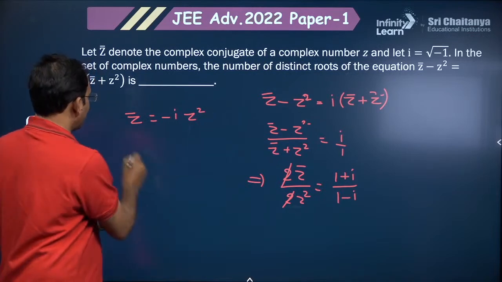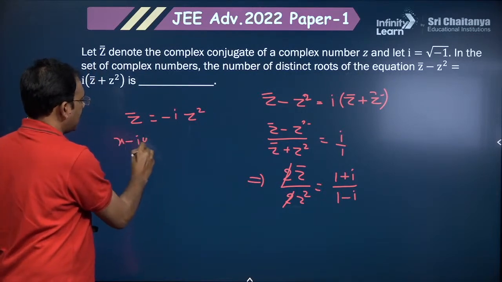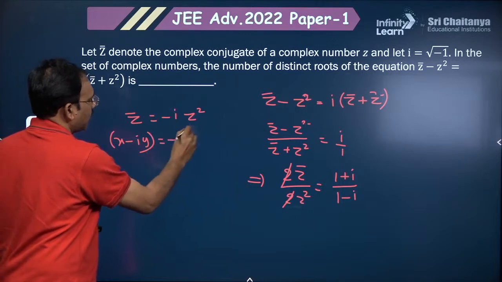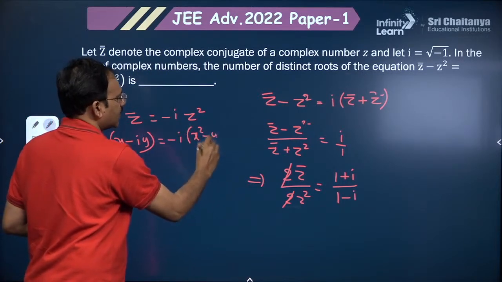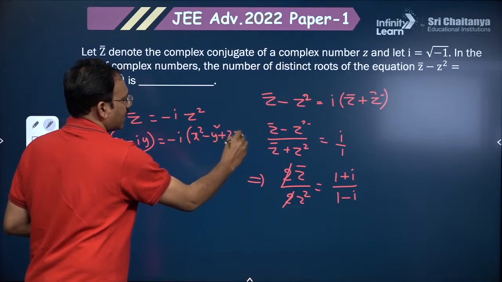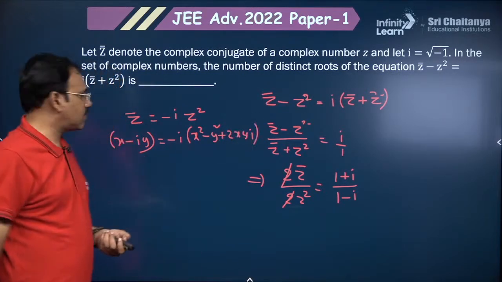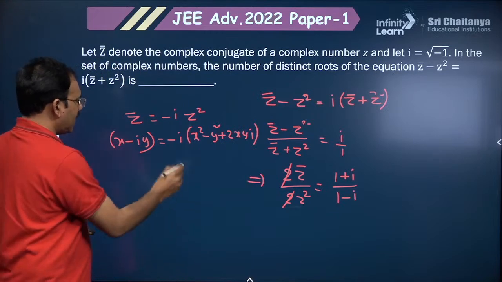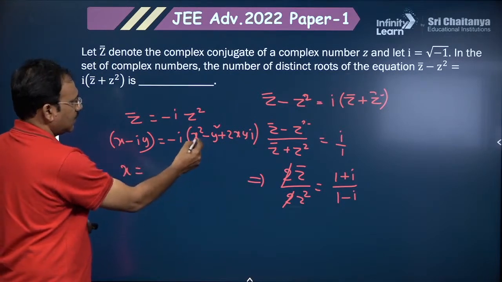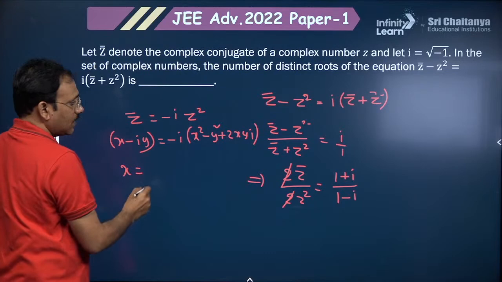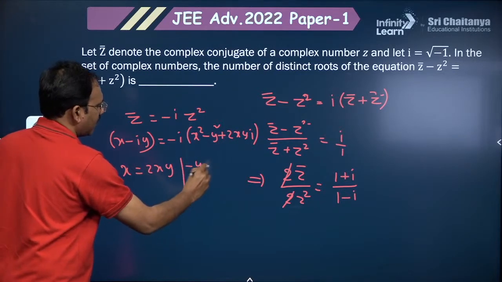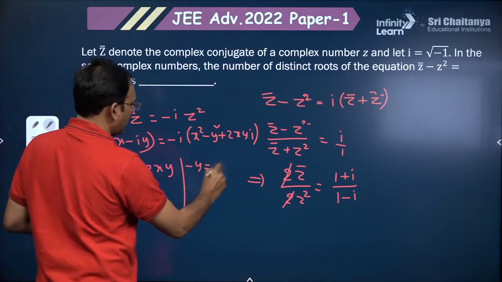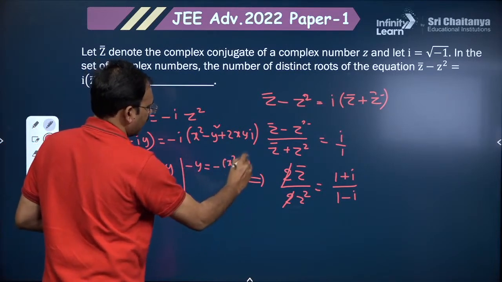In this case, my dear friends, you can take x minus iy is equal to i into (x plus iy) whole square, which is going to be x square minus y square plus 2xyi. So you just equate the real part, which is going to be x here, to 2xy. Similarly, imaginary part is minus y here, it is going to be x square minus y square.